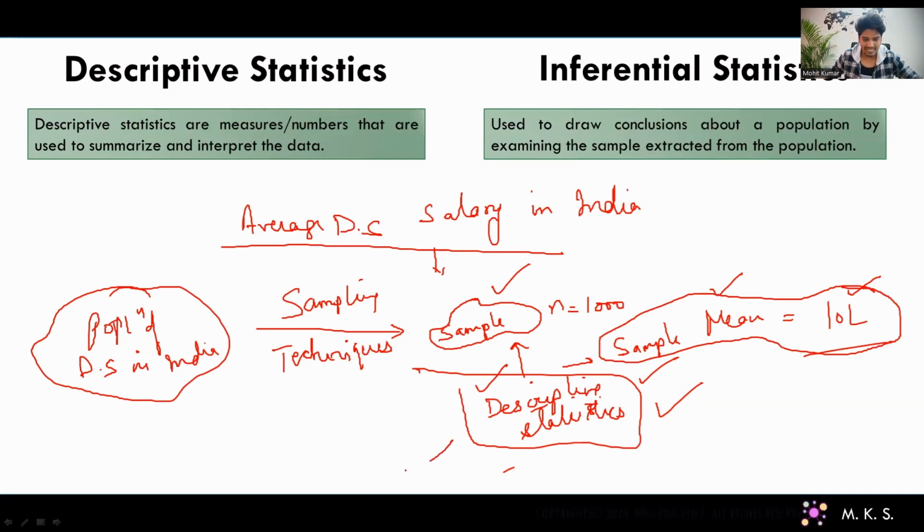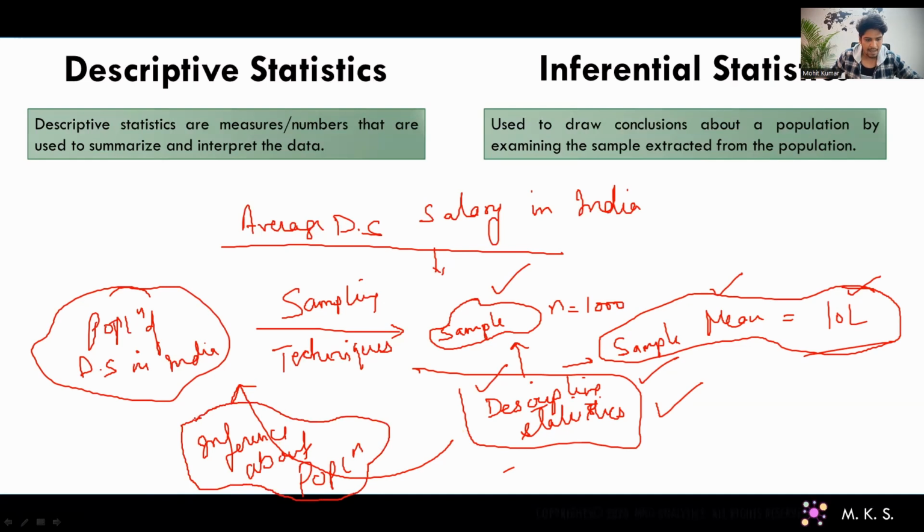The second step is inference about the population. Whatever analysis we use here belongs to inferential statistics, because we have our sample, we analyzed it, we summarized it, and now we are inferring about the population from this sample, right?